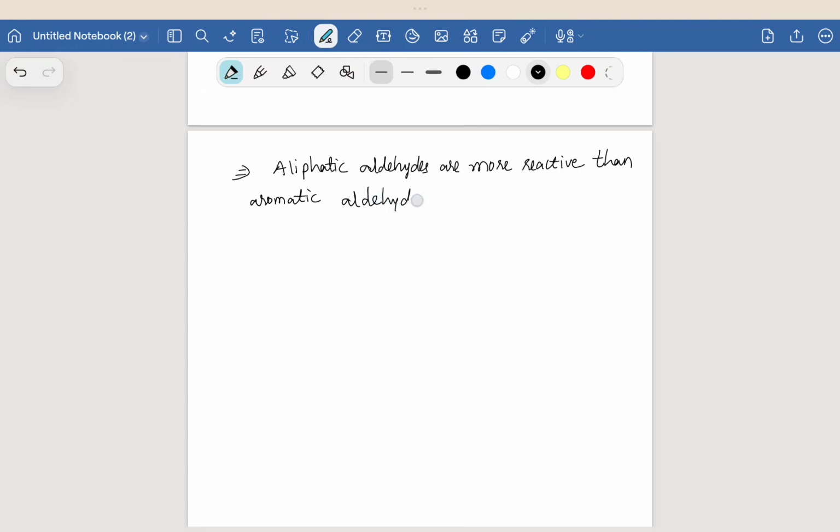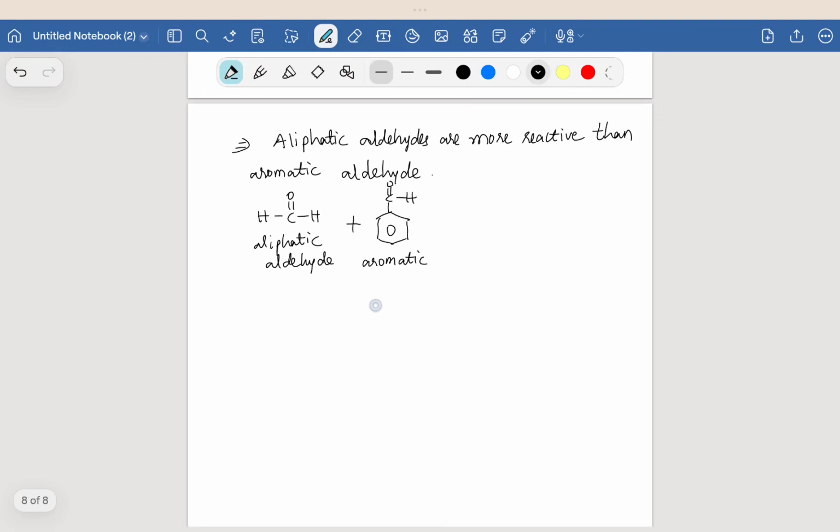We take one example. HC double bond O, H, this is an aliphatic aldehyde. This one is benzene C double bond OH, benzaldehyde, which is an aromatic aldehyde. In these two, which one is more reactive? The aliphatic aldehyde is more reactive.